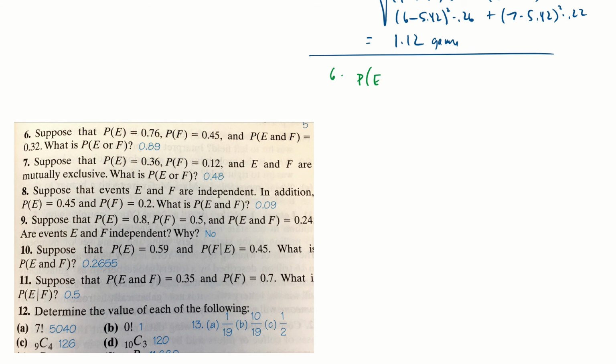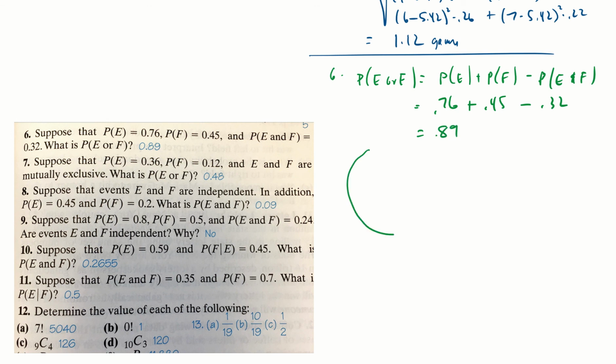The probability of E or F is the probability of E plus the probability of F minus the probability of E and F. They told me the values, so I just plug it in. 0.76 plus 0.45, but there's some overlap, so I have to subtract it. 0.76 plus 0.45 minus 0.32 is 0.89.